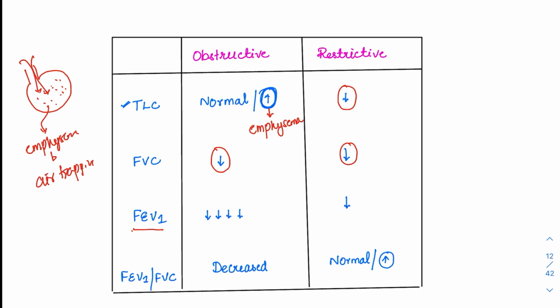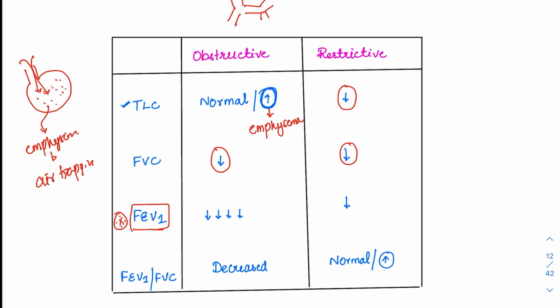Then coming to the FEV1, this makes a huge difference. It is very, very important. In case of an obstructive disease, FEV1 is a percentage of the FVC. Whenever there is obstruction, I am asking the subject to do it forcefully. In obstructive disease, the airway is the problem.